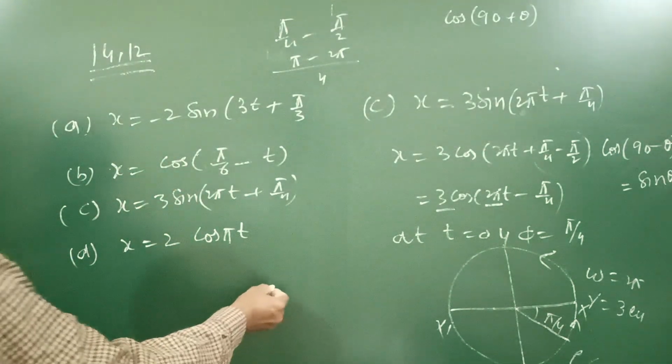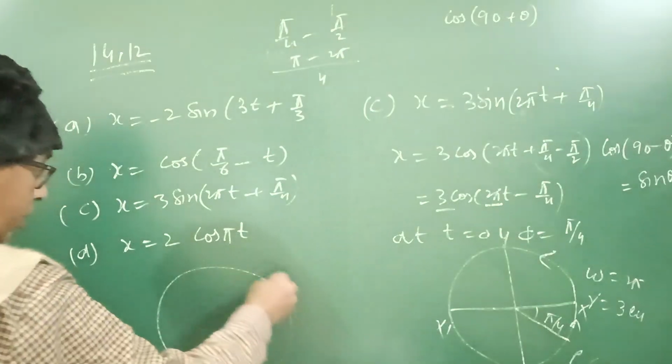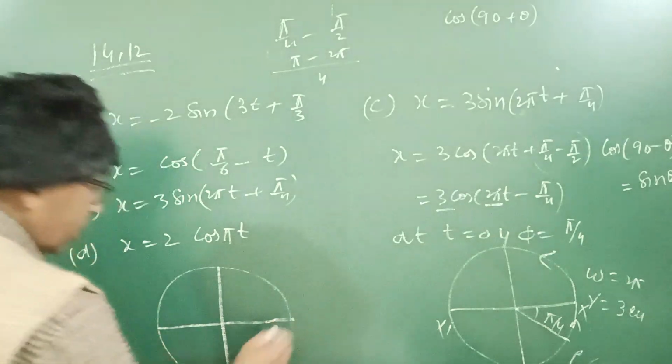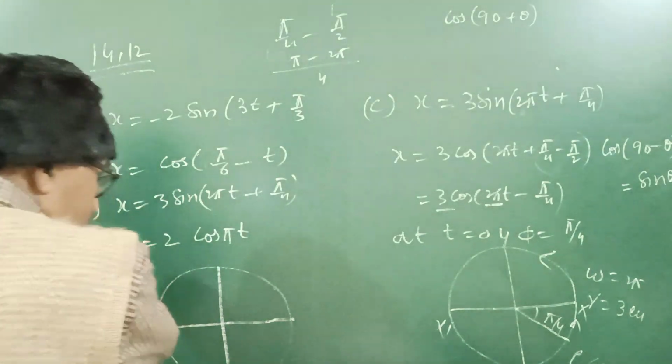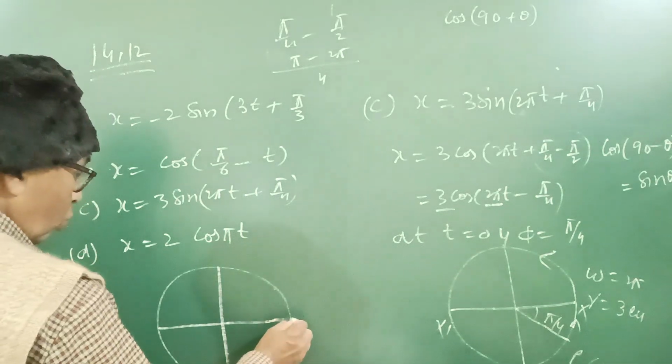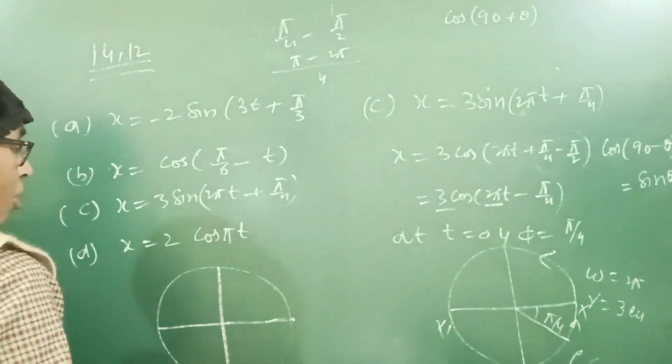Initial phase 0, D part. So it is here, x projection. At t equal to 0, cos 0 is 1, so 2. Where will it be?